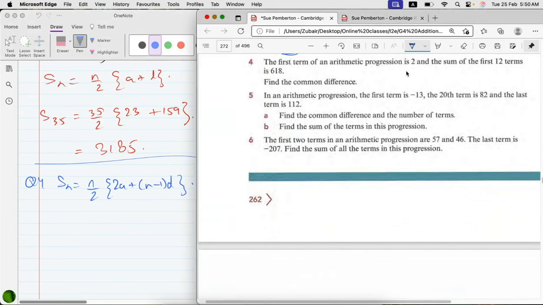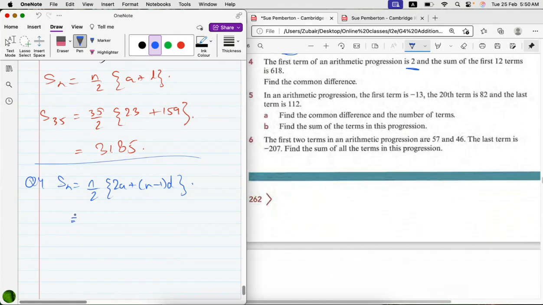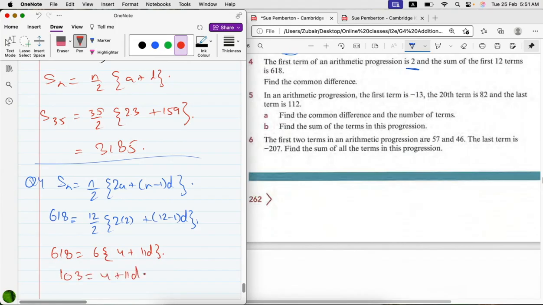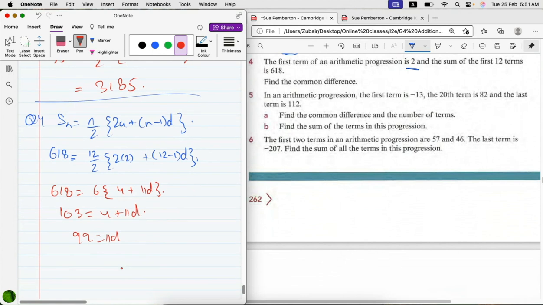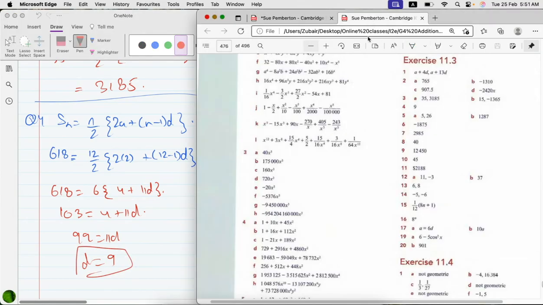So a is 2, number of terms is 12, and the sum of 12 terms is 618. 618 equals 12 by 2, 2 into 2 plus 12 minus 1 into d. 618 is equal to 6 into 4 plus 11d. 618 divided by 6 is 103, equal to 4 plus 11d. 103 minus 4 is 99, so 11d is 99 and d is equal to 9. Question 4: d is 9.